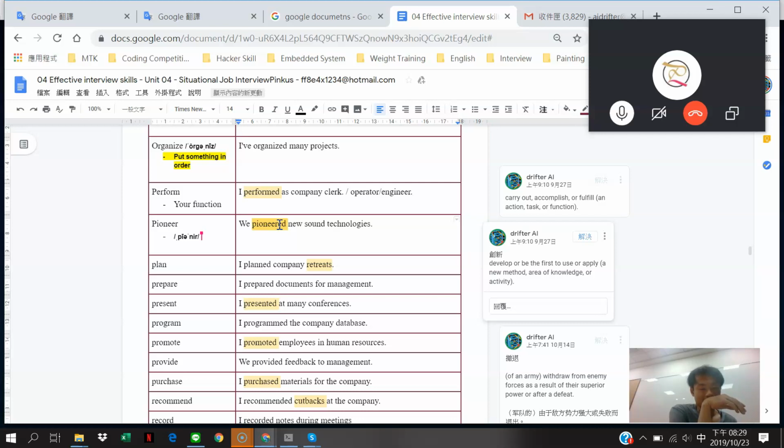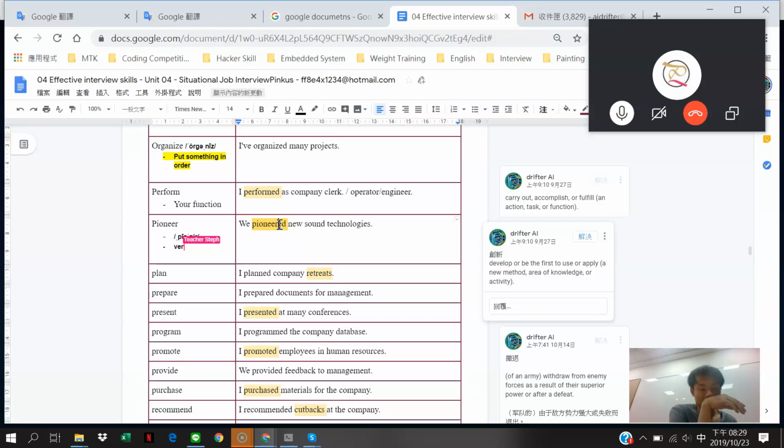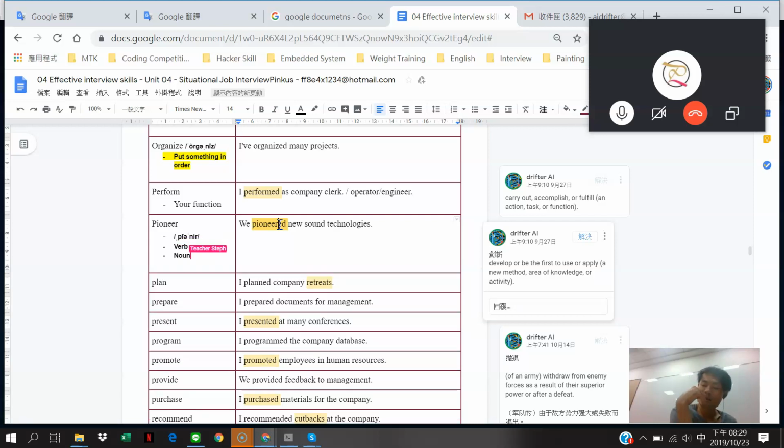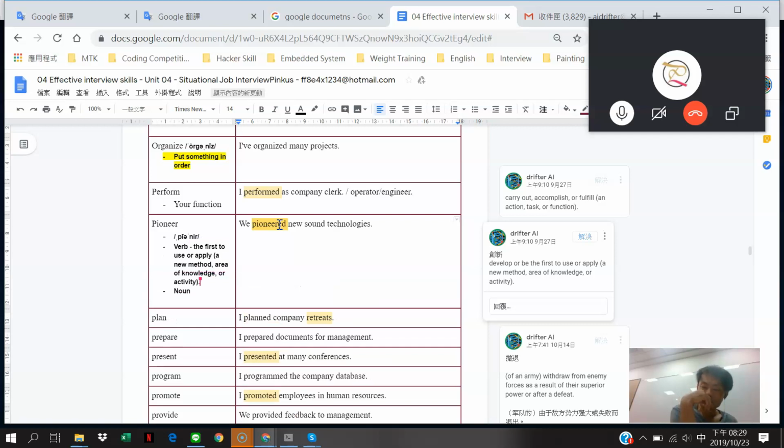So actually, the word pioneer can be a verb or a noun. As a verb, it means to be the first to use or apply something, it could be a method, knowledge, or an activity. Like here, we pioneered new sound technologies. They are the first ones who use the new sound technologies.